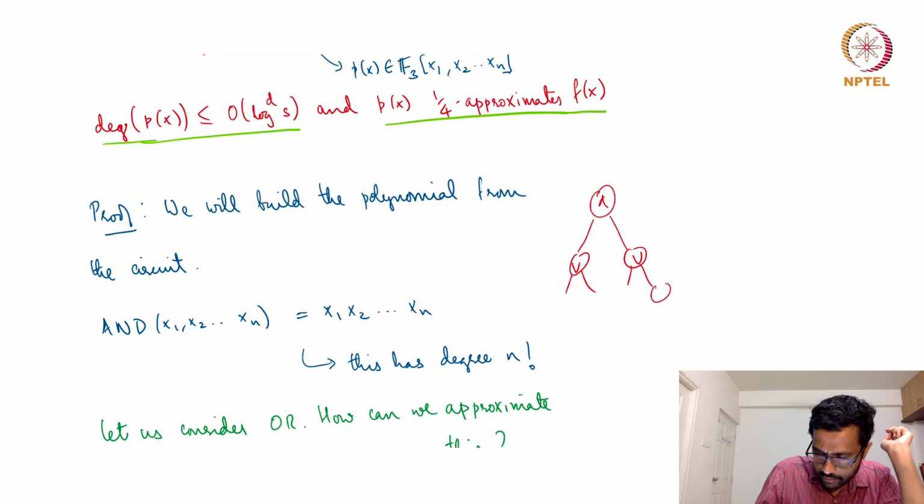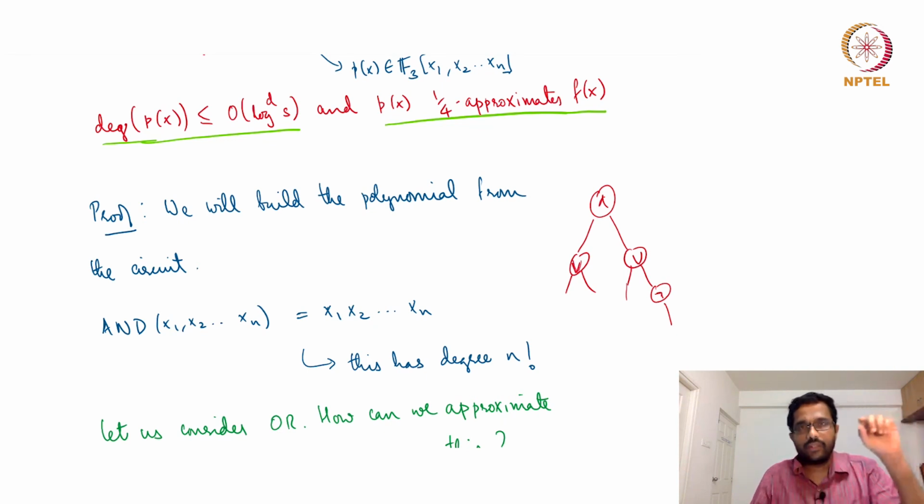We will use the NOT polynomial to approximate the NOT, the OR polynomial to approximate the OR, and the polynomial corresponding to the AND function will be used to approximate the AND, and that will take as inputs not the actual inputs but these polynomials. The variables in the AND polynomial will be replaced by the OR polynomials here and here. So it will be a polynomial of polynomials, which is still a polynomial.